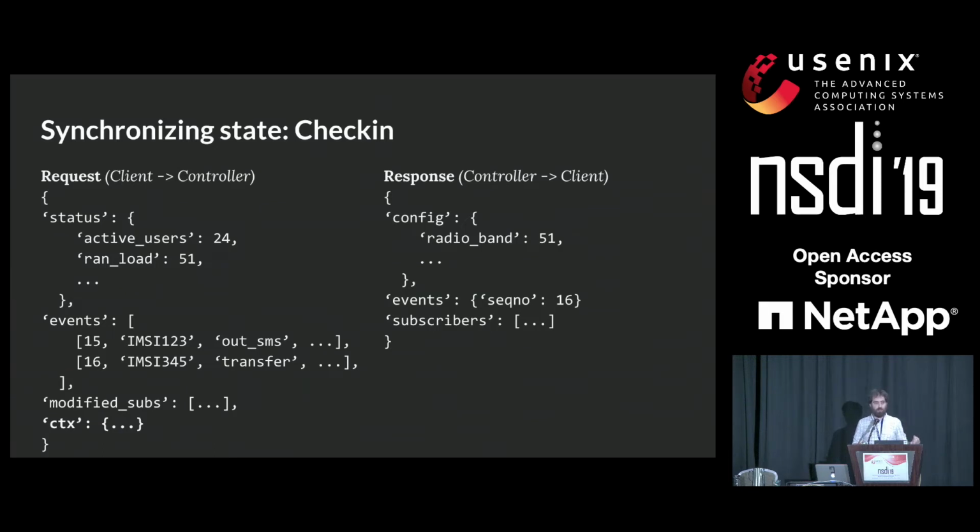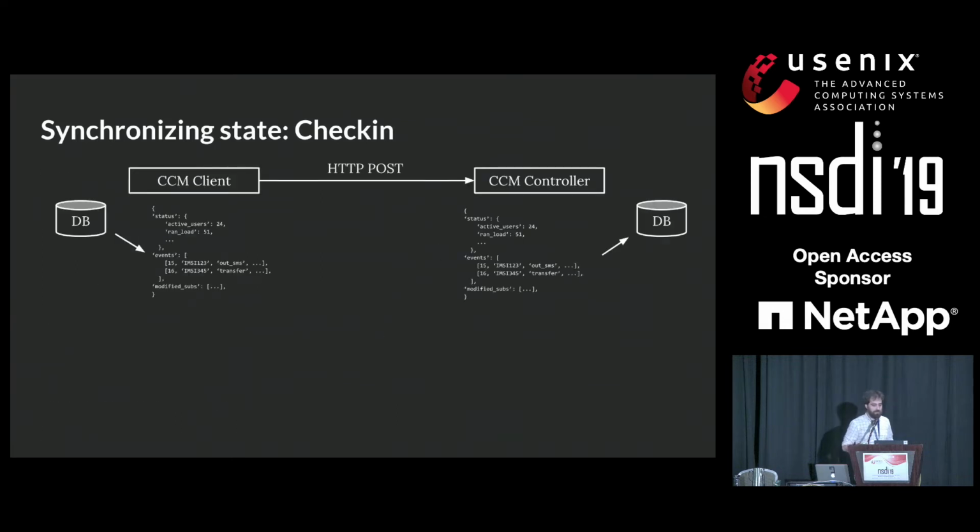And the controller responds with the desired configuration state of that site, as well as a list of subscribers that the site is expected to be able to serve. Now, as you can imagine, the configuration of a rural cellular site and its list of subscribers doesn't change very often. So we don't want to have to send this every single minute, and we want to optimize the amount of overhead that we have in our system.